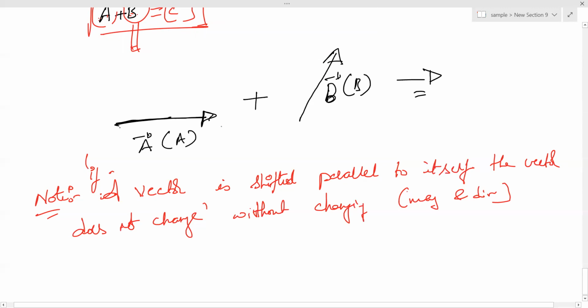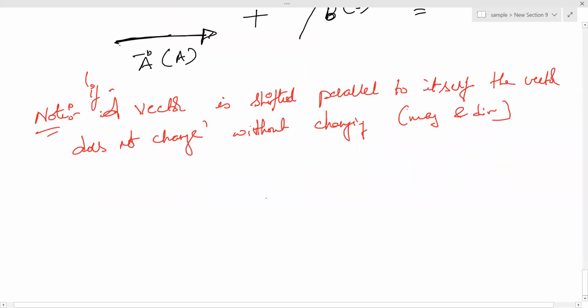That means orientation also should not change. Rotation, nothing should change.